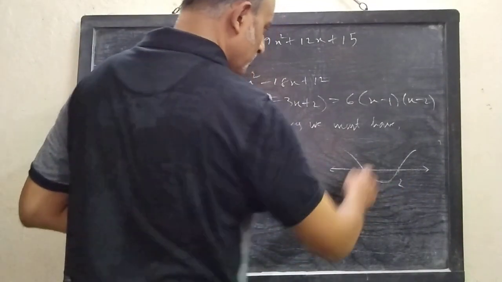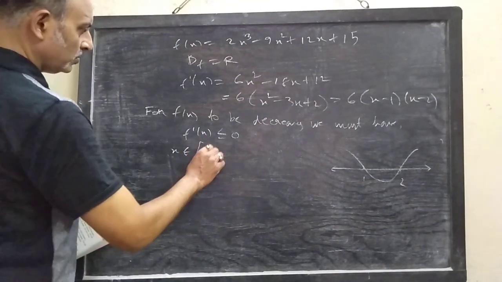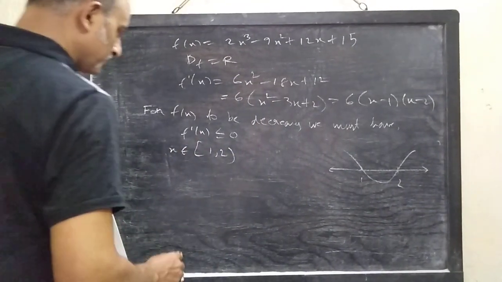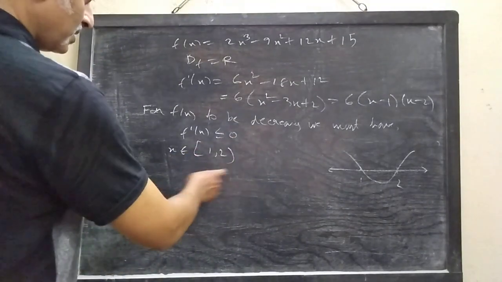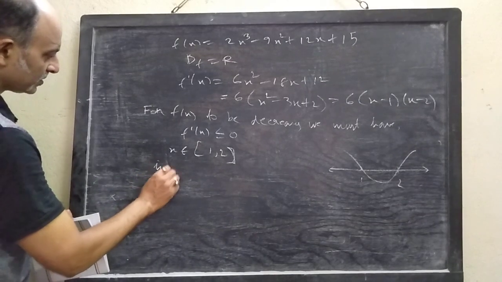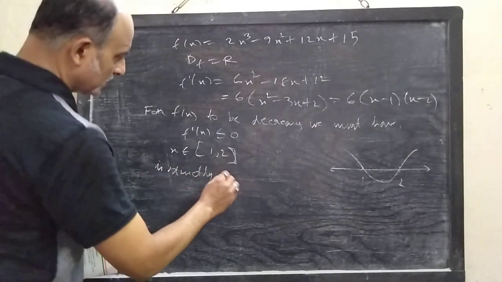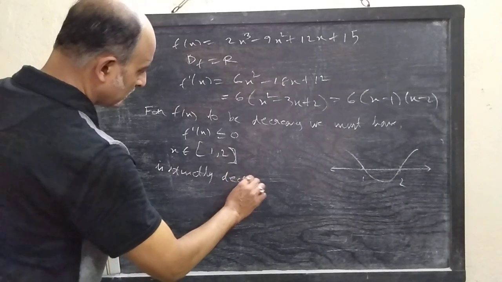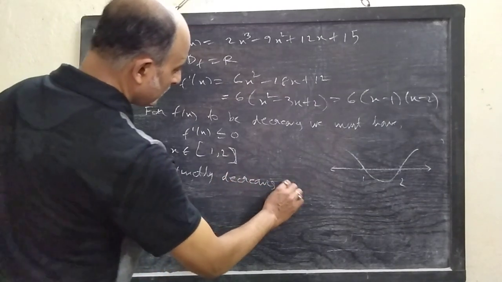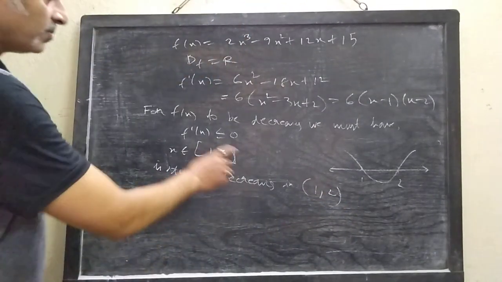So this is lesser equals 0 only in this part. So x belongs to closed 1 to 2. So the function is decreasing in the closed interval and is strictly decreasing in the open one. Then we exclude the points 1 and 2.